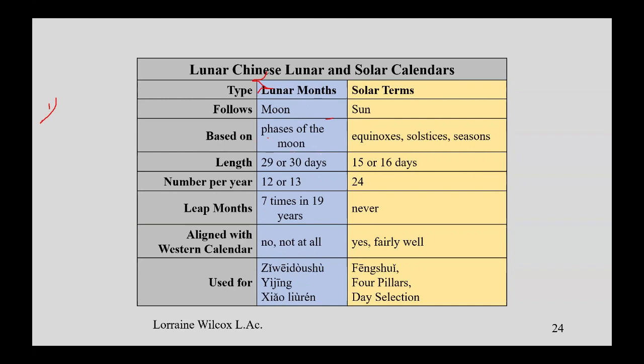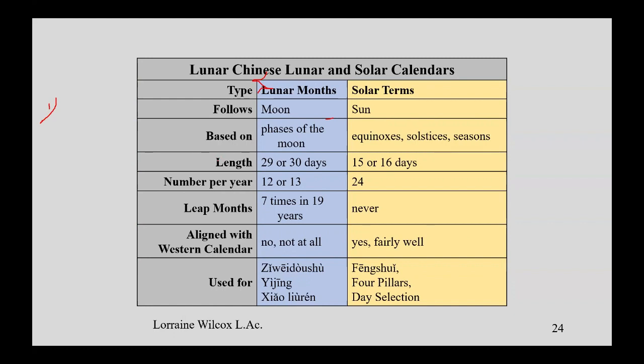So the lunar calendar is based on the phases of the moon. The 15th day of each lunar month is going to be the full moon day, whereas the solar terms are 15 or 16 days long. And so there are 24 of them to make up a full year, whereas with the lunar calendar, there are 12 or 13 months, because 7 times in 19 years, you need to have a leap month to correct so that the months that are associated with spring stay in spring.